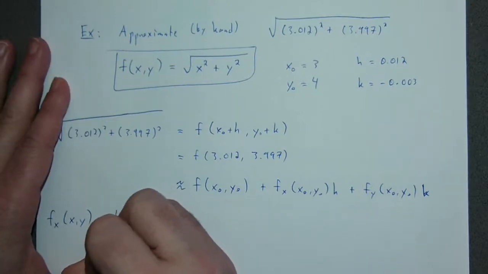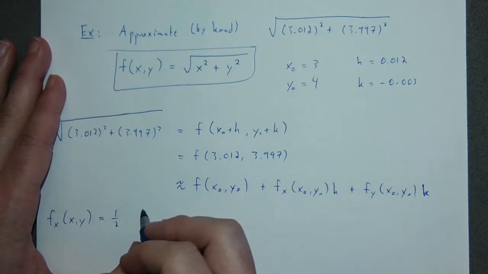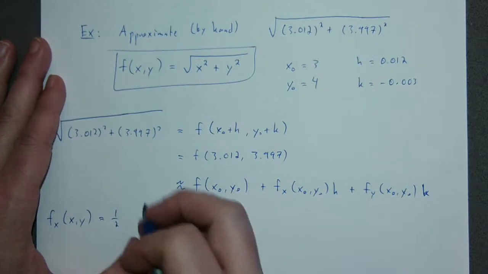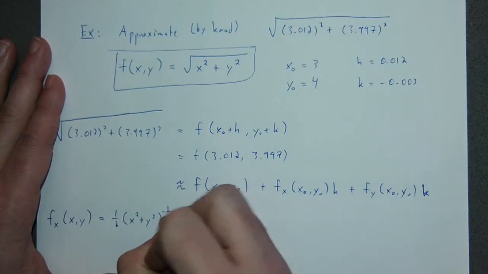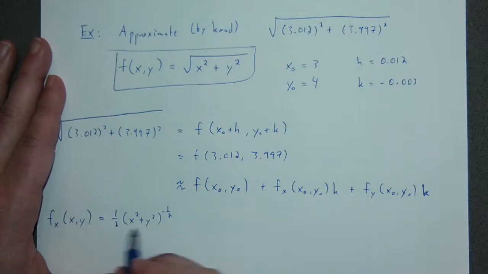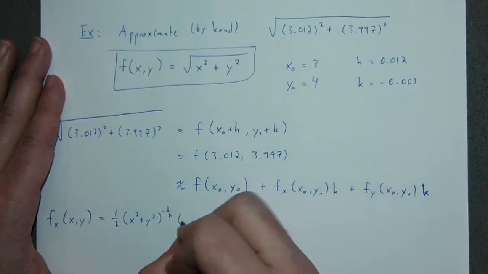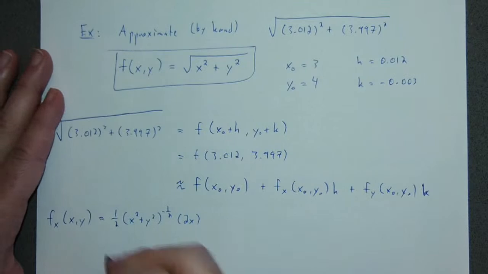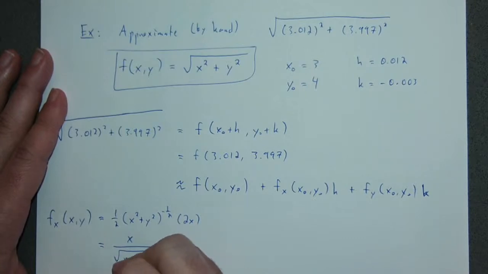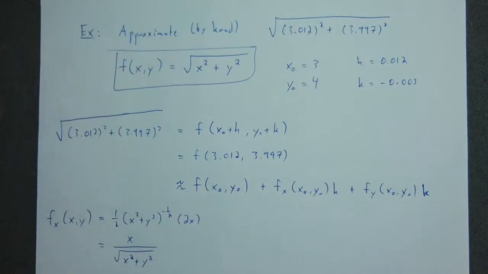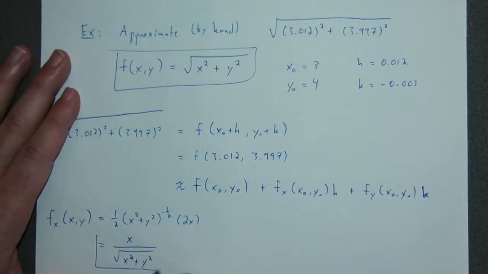This would be 1/2 times x squared plus y squared to the minus 1/2, times, following the chain rule, the derivative with respect to x of what's inside. The derivative with respect to x of what's inside is 2x plus 0. So the 1/2 and 2 cancel, and what I get is x over the square root of x squared plus y squared. So that is my x partial.